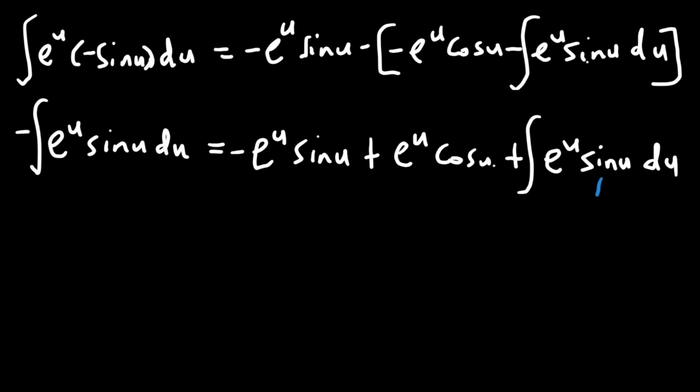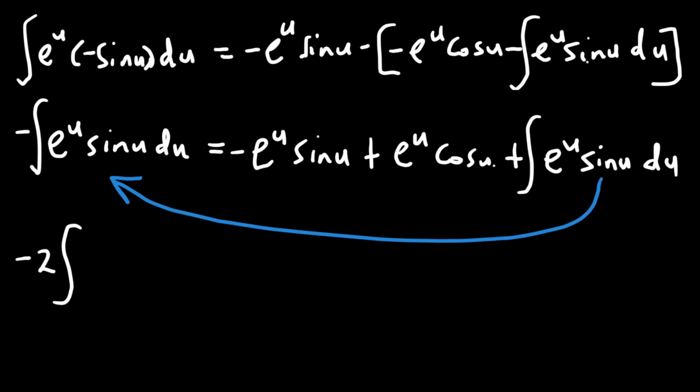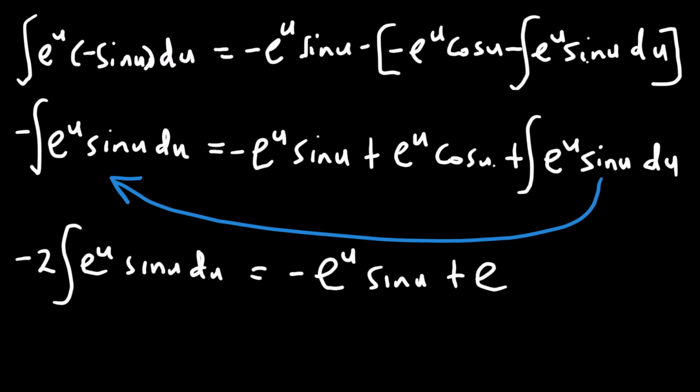Now if we take this to the left hand side, we shall have negative 2 times the integral of e to the power of u sine u du equaling negative e to the power of u sine u and then plus e to the power of u cos u.